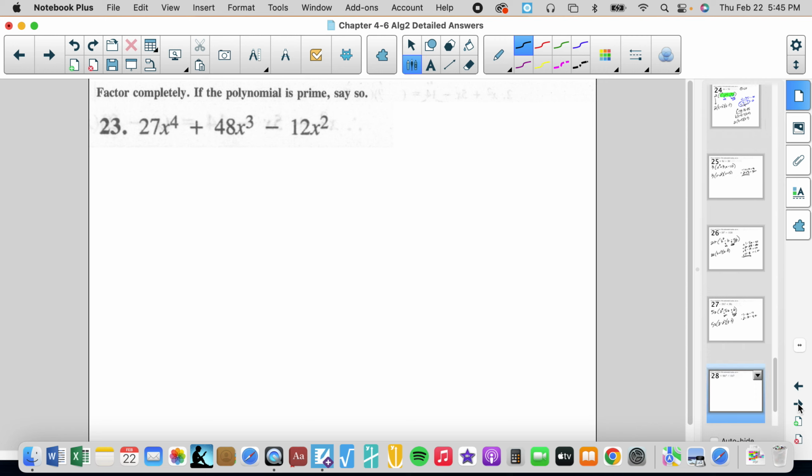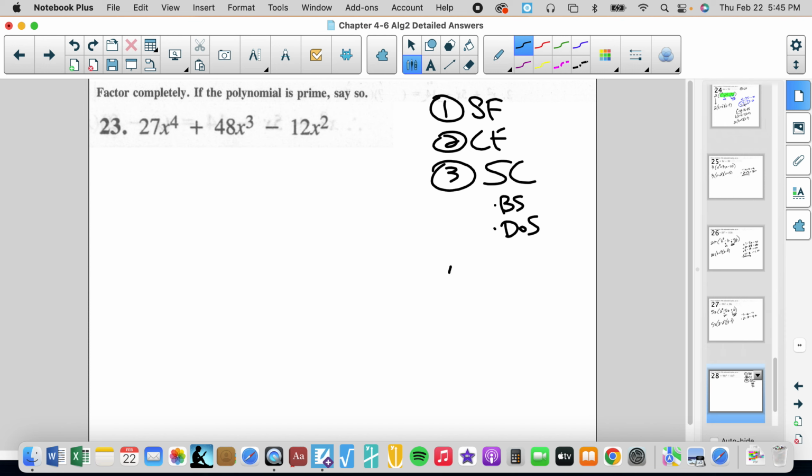Not many more. 27, 48, 12, 3, 9, yeah, 3, 3, and make sure x to the fourth, x to the third, x to the second. So definitely make sure that you are in standard form also. Right now 1 is standard form, 2 is is there a common factor, 3 technically is it a special case, is it a binomial square, is it a difference of squares, 4 actually is my a times c.